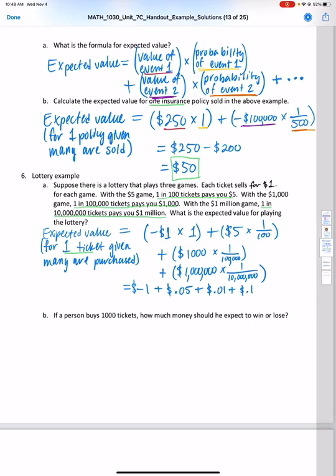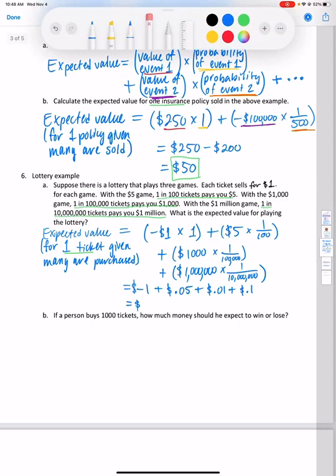And so we add them all up. When you add up negative $1 plus 5 cents plus 1 cent plus 10 cents, you actually get negative $0.84.